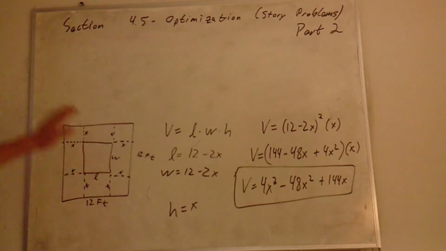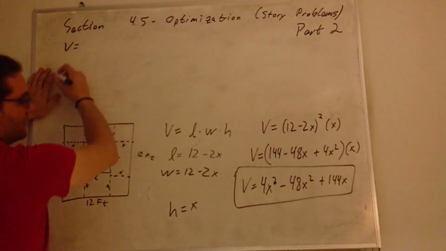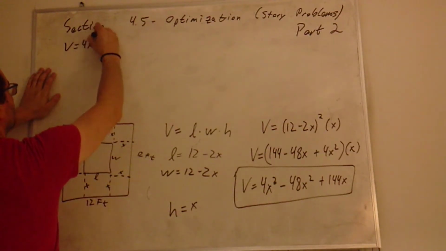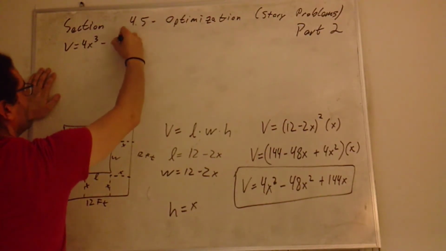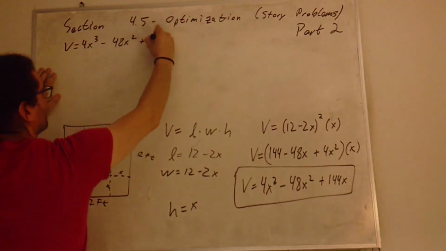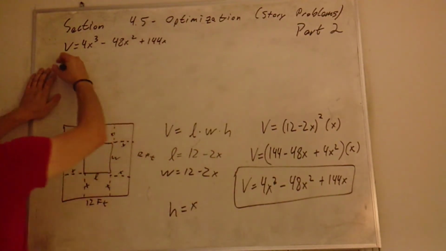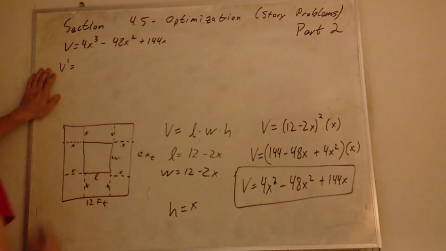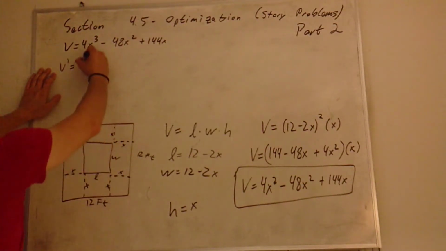Okay, volume is, let me write this again, 4x cubed minus 48x squared plus 144x. And I need to maximize this by taking a derivative and setting it equal to 0.